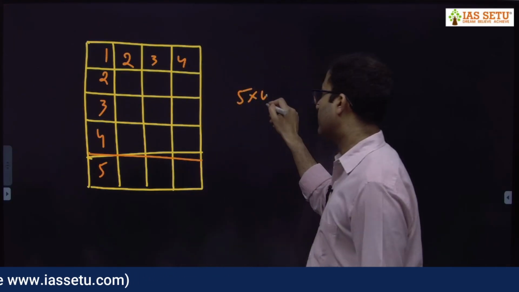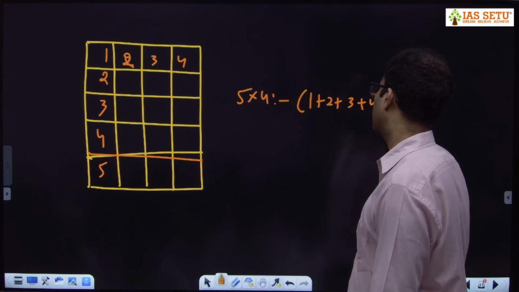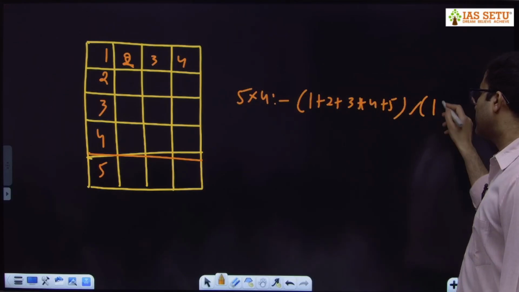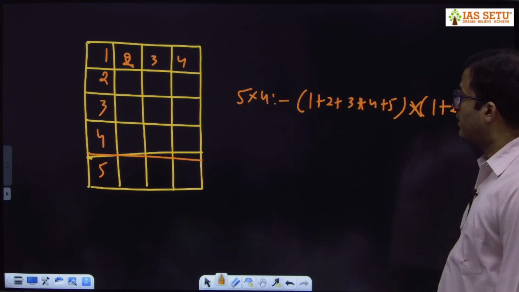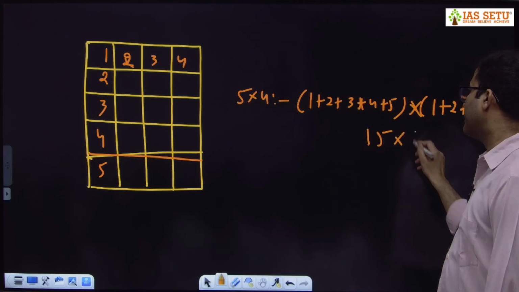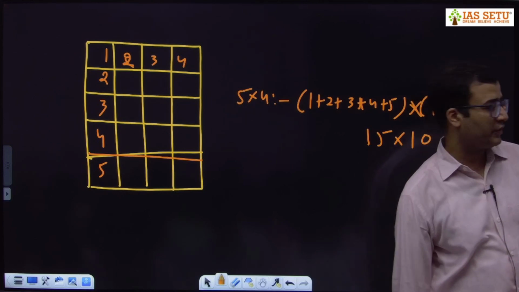So this is a 5/4 figure. Bracket start 1 + 2 + 3 + 4 + 5. Second bracket start 1 + 2 + 3 + 4. So it is 15 into 10. I think all of you got 150.